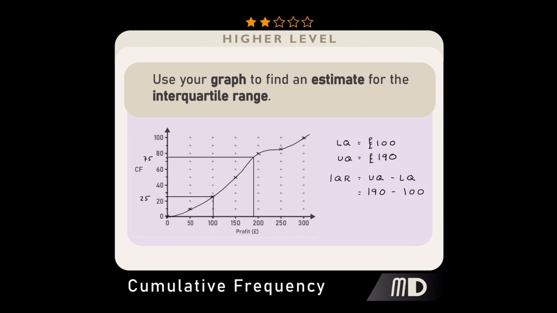And 190 minus 100 is 90. So the interquartile range is 90. For this question, an answer between 85 and 93 is considered acceptable.